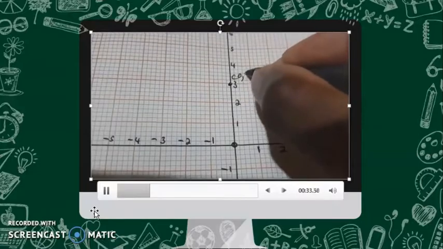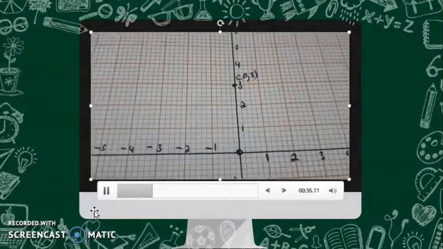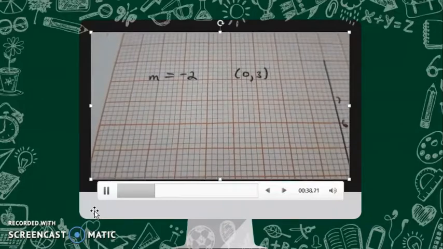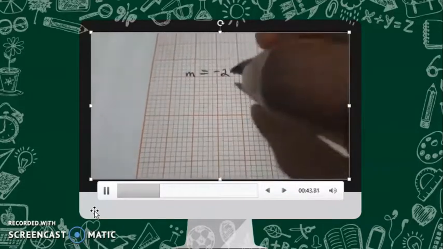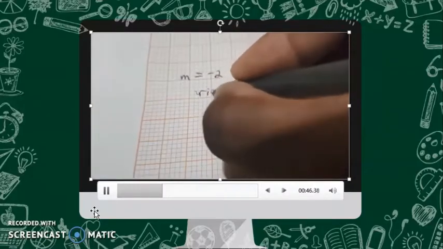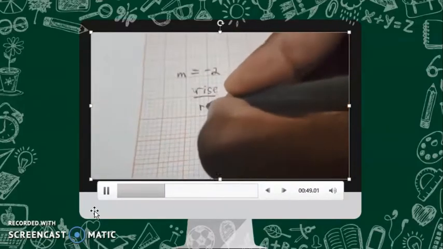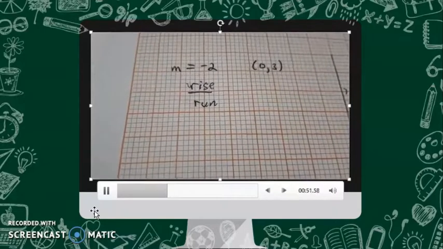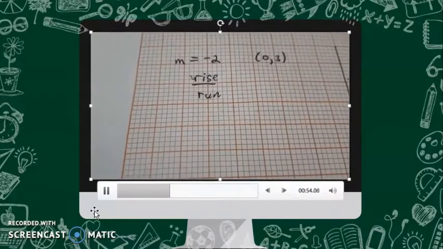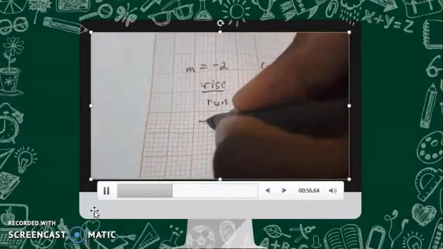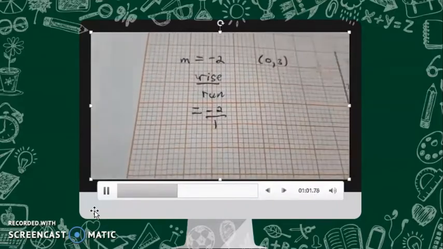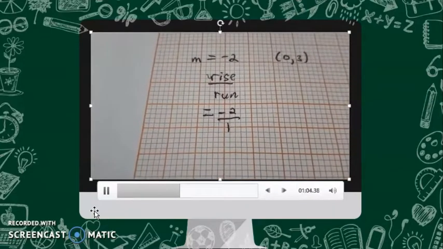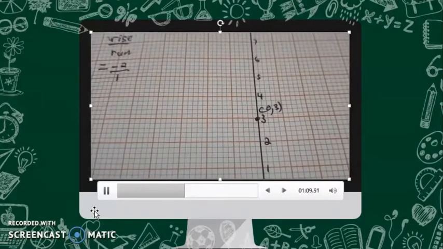Alright. Next, remembering the formula, rise over run. Looking at -2, it's not a fraction, so we'll put negative 2 over 1. Alright? So now we use that gradient to find other points.